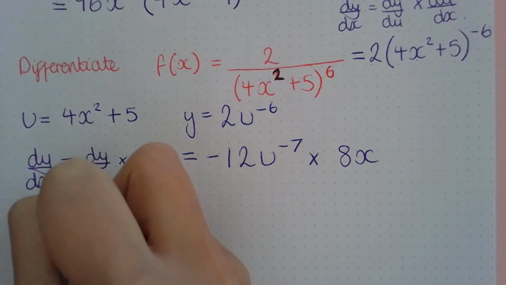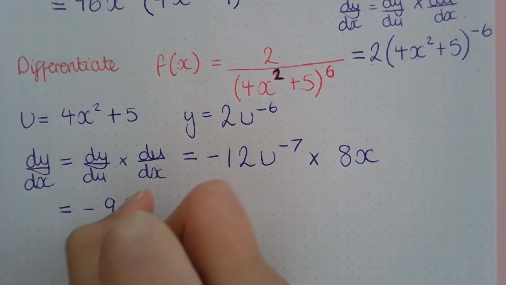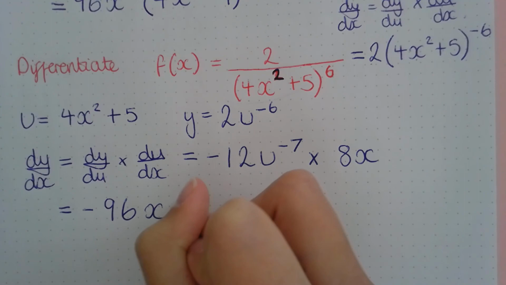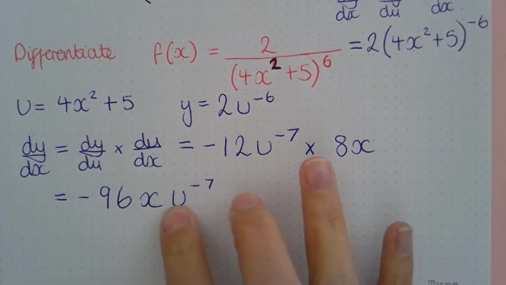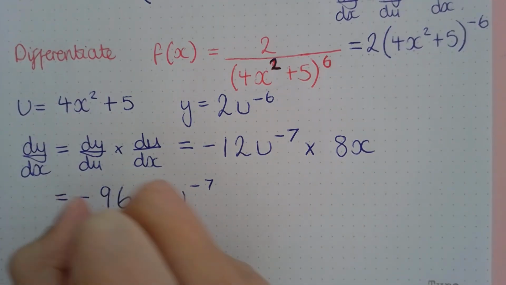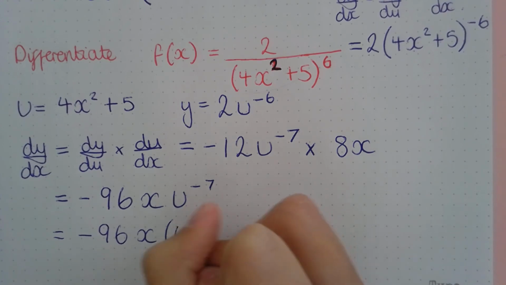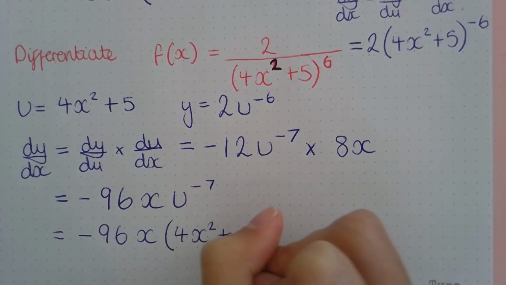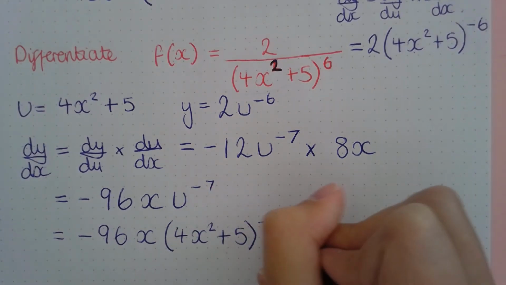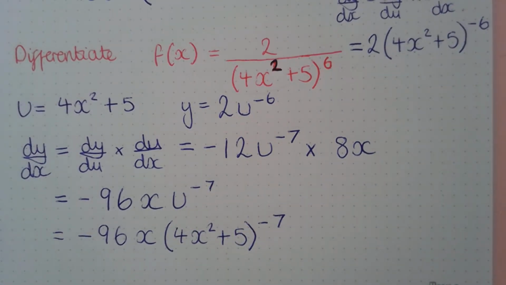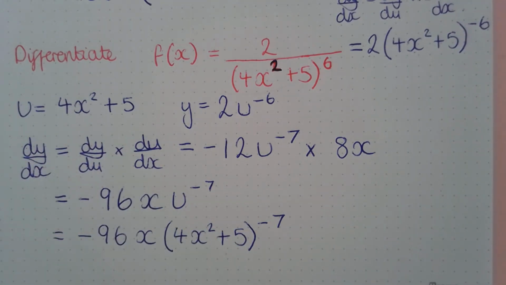Then I can sort that out a little bit, so I get negative 96x u to the negative 7. Now I need to replace my u with what it was before, so I get negative 96x (4x squared plus 5), all to the power of negative 7. Try to add this step in so that the examiner knows you know what you're on about.